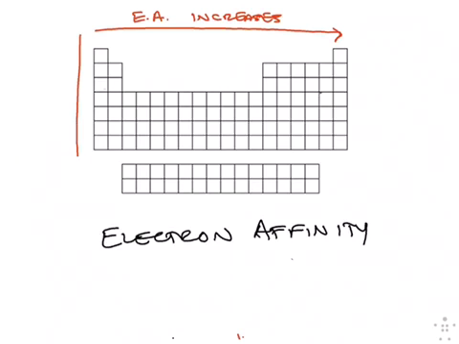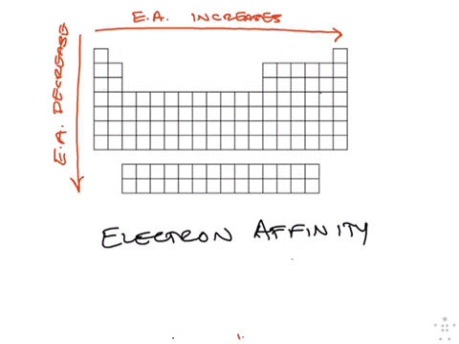Going down a group, electron affinity decreases. Again, all these are tied to Coulombic attraction. Okay, the farther away the electrons get from the nucleus, the less those atoms want to gain an electron, because the Coulombic attraction is just so weak. It won't be able to attract electrons very easily.